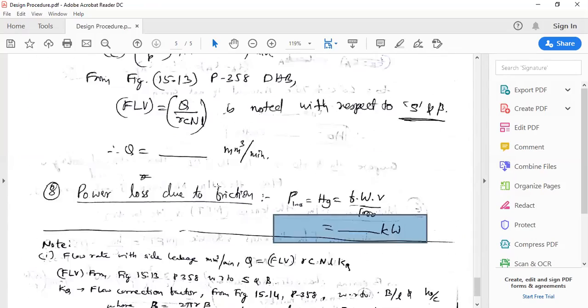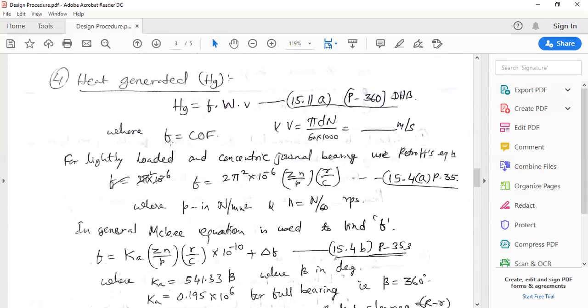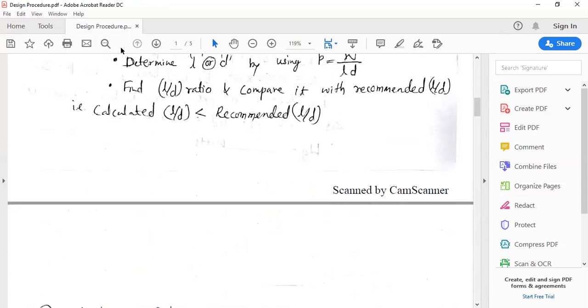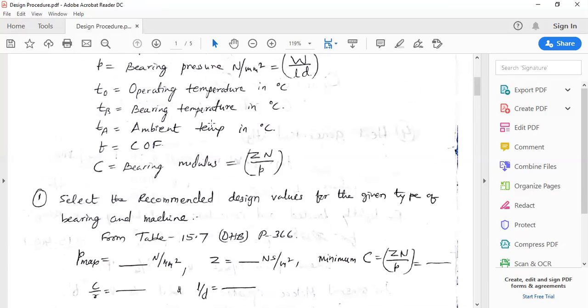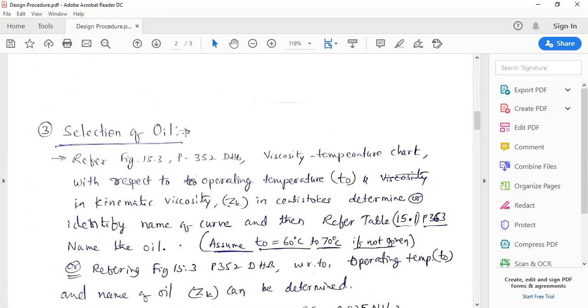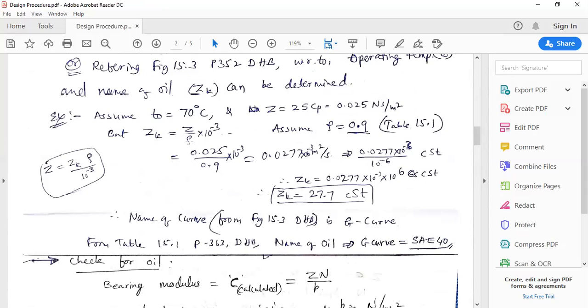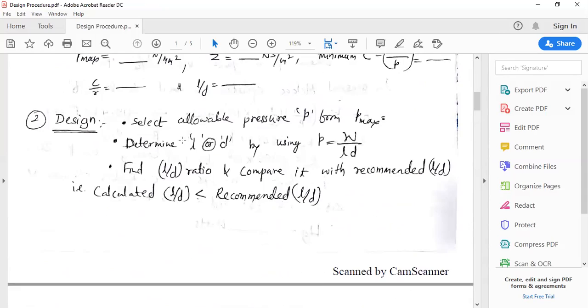If it is an application-oriented problem, say with respect to a fully loaded journal bearing and to determine so and so, we carry out only some of the steps of this procedure, such as the third, fourth and fifth steps. In some cases the third step is also not required, so the first, second and third steps are optional.